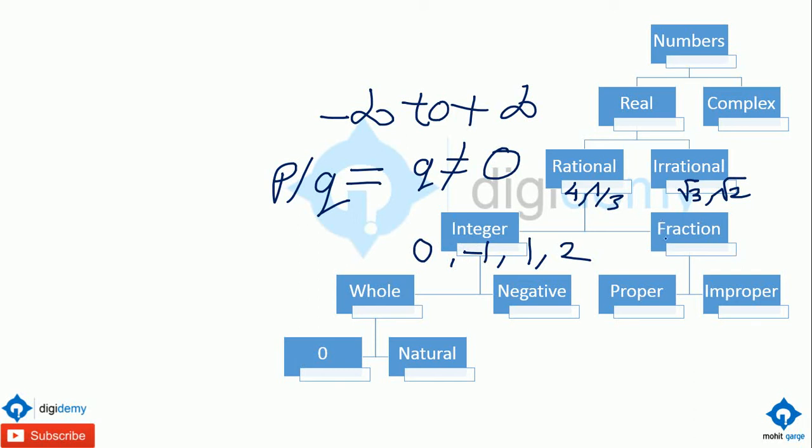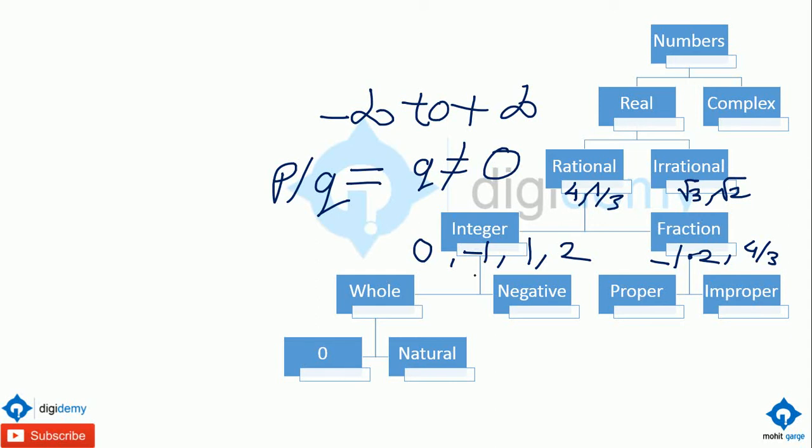And what about fraction? Fraction is that thing which has something after decimal point. For example, it is 1.2, then 4 by 3. So these are the fractions. These could be negative as well. This could be -1 by 1.2 also.